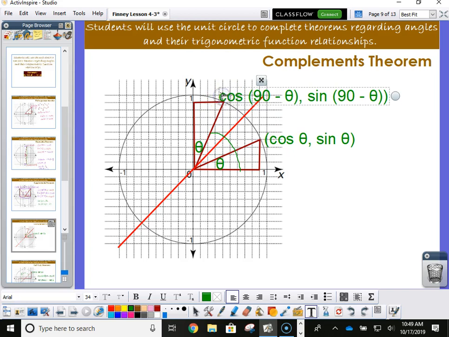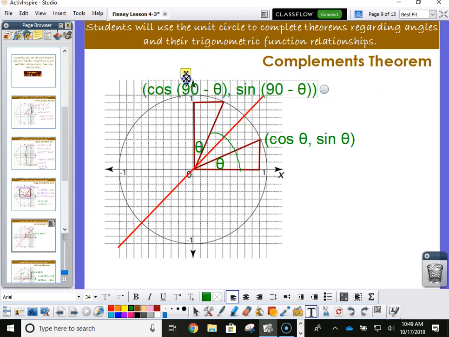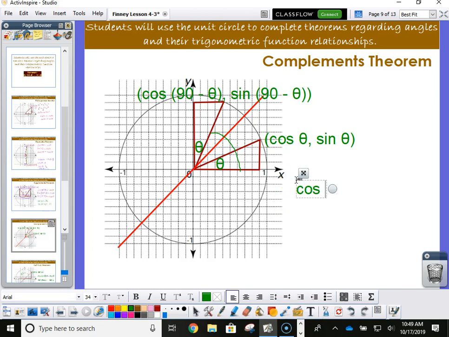So to use our complements theorem, we have to think about what happened here when I did this rotation, when I reflected this over the line y equals x. In other words, what happened when I had the cosine of 90 degrees minus theta?